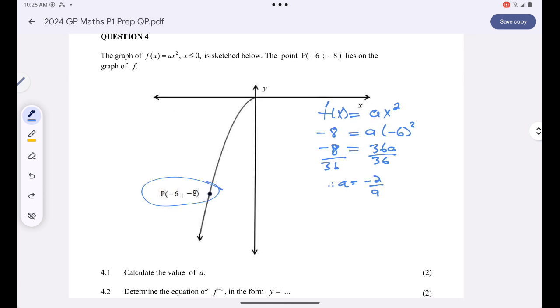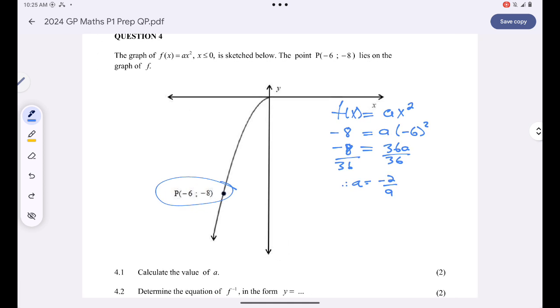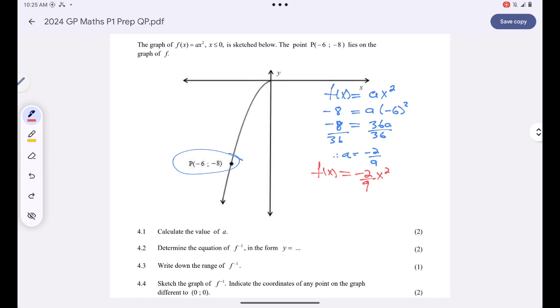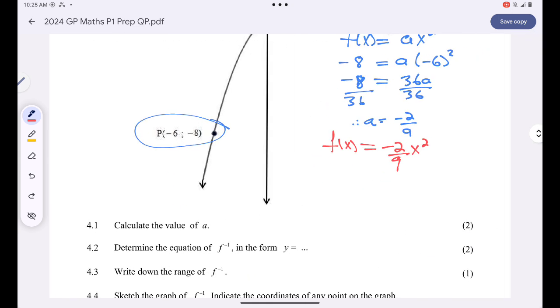Yeah, that's -2 over 9. Together. So that means, guys, our graph of f of x is basically equal to -2 over 9 times x squared. Okay, so a is just -2 over 9.